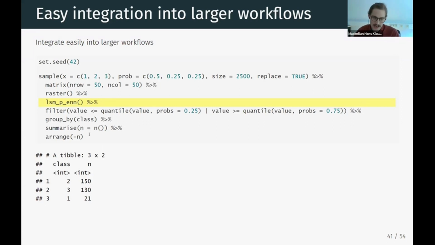And we can see here we now have a slightly different table, of course, but we see, for example, that class 1 had 150 patches that were within the quantiles of the smallest and the largest value of the overall landscape. So here you can see how easy it is to incorporate the landscapemetrics package into larger workflows.